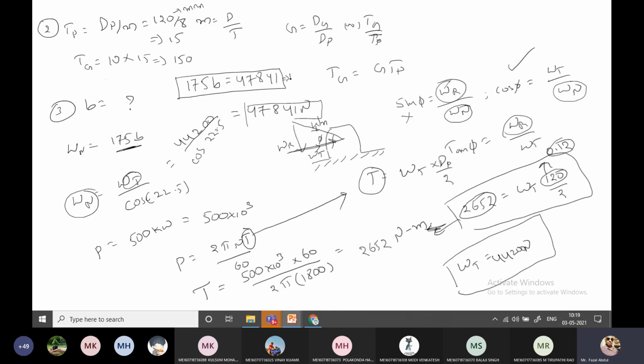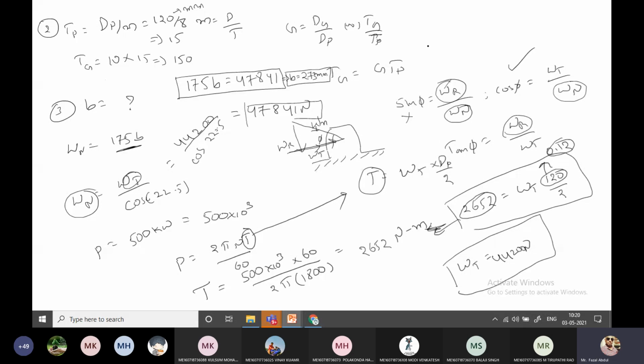B equals, tell me the value. 273. Very good. 273 is the width of the pinion.